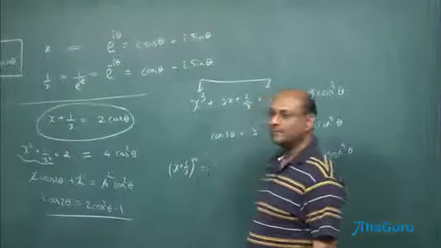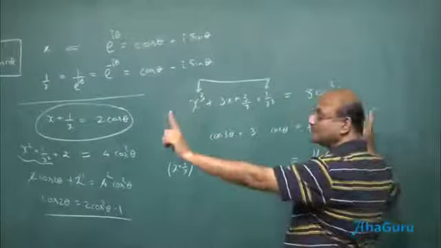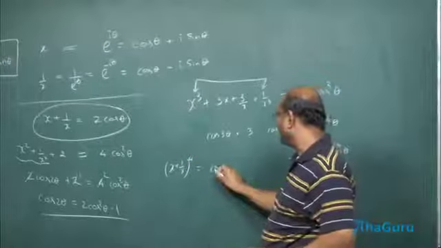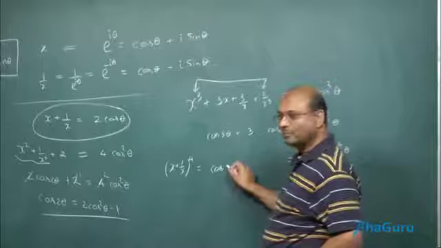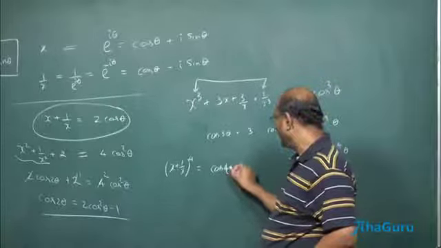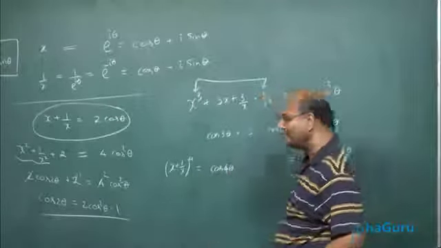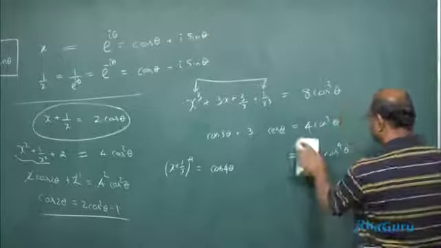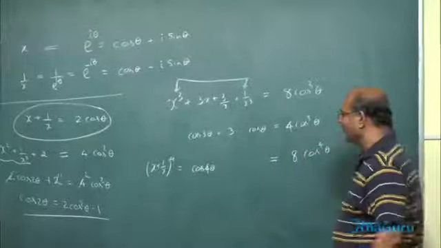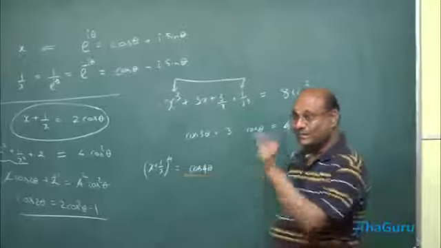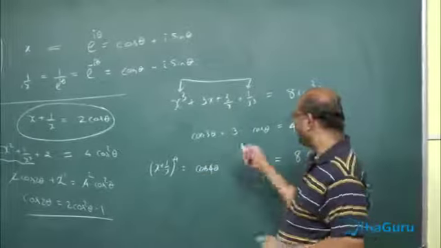What is going to happen? X power 4 and 1 by x power 4, let's combine it together and directly write the answer. Cos 4 theta, anyway there's going to be a 2, right? So I'll just divide by 2 and make this 8. You know that there's going to be a 2, so I'm always taking that 2 in. If there is no 2, then we'll have to worry. But there will be a 2, don't worry.